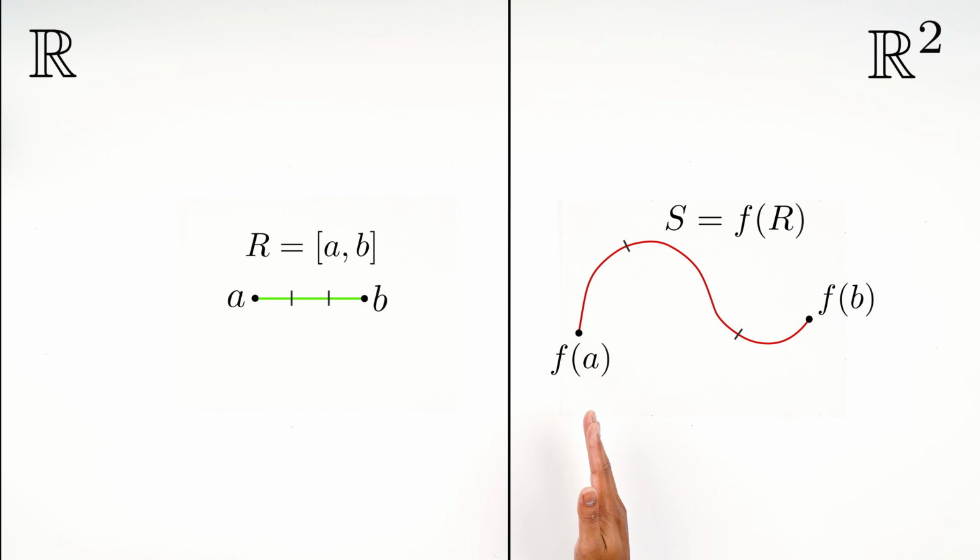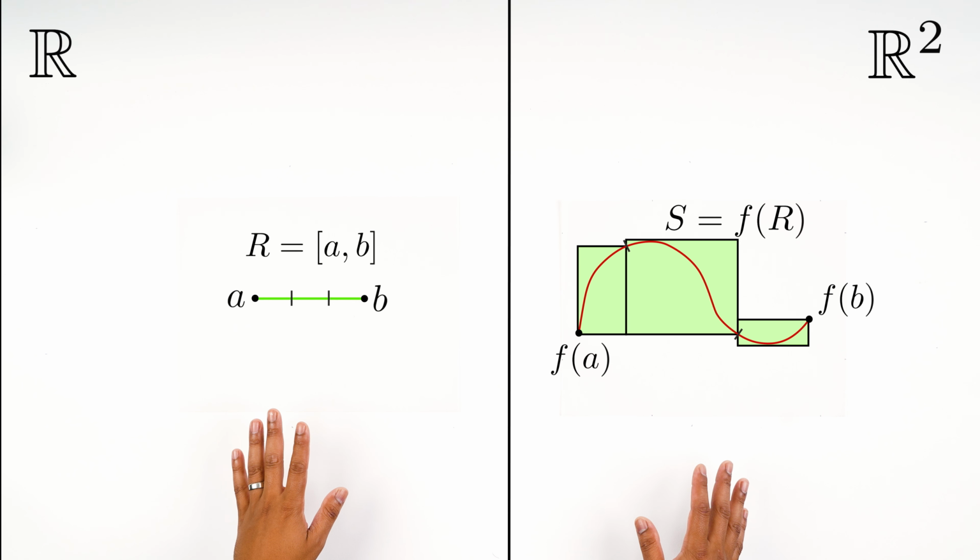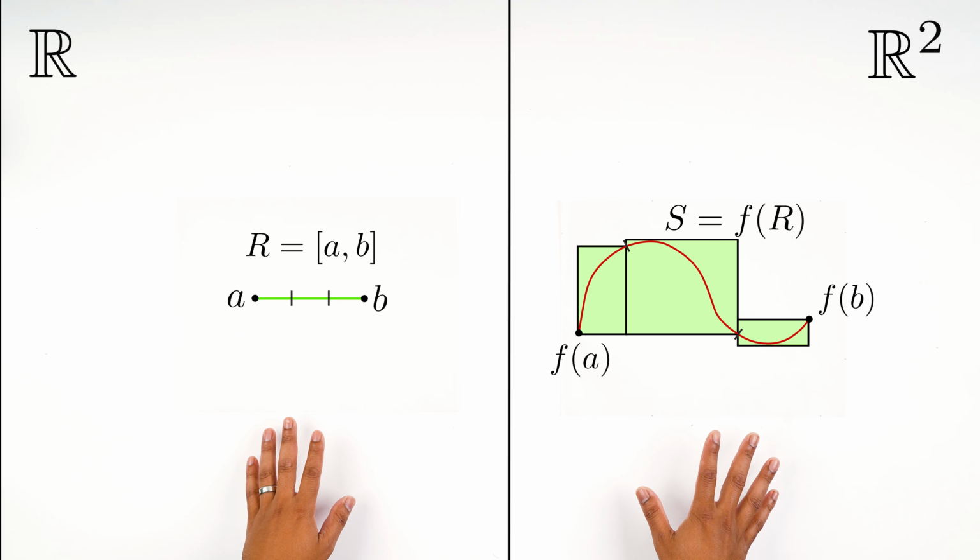The width goes from the minimum x value to the maximum x value, and the height goes from the minimum y value to the maximum y value. We repeat this for each segment. Assuming we've chopped our domain into small enough pieces, the total area of these rectangles is smaller than epsilon.